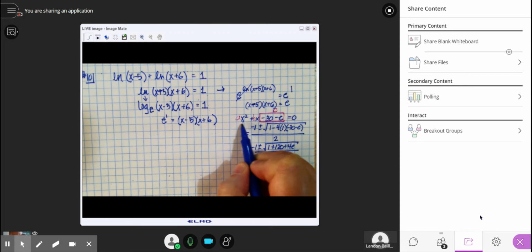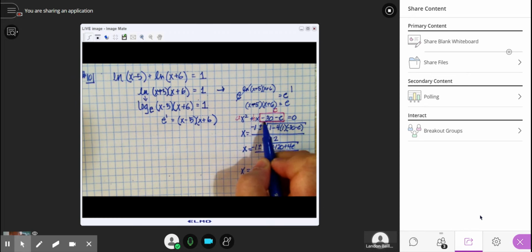So I've got an x squared plus x minus 30 minus e. The weird part about this is that e is just that 2.718. It's just a stand-in for that number, right? So that makes all of this my constant or c value in the quadratic equation.